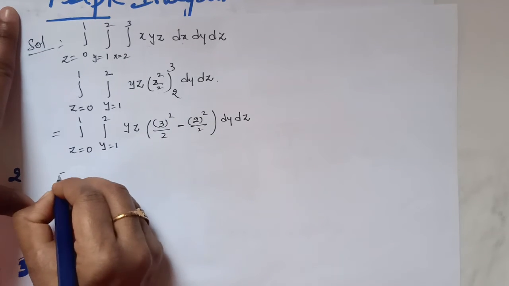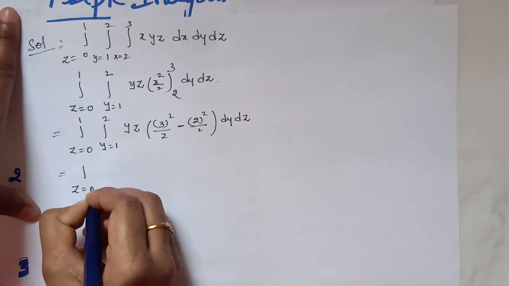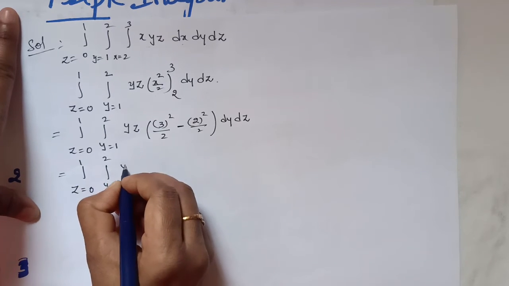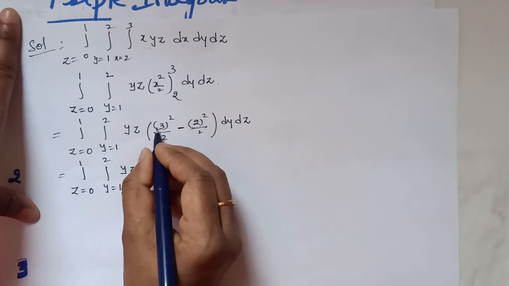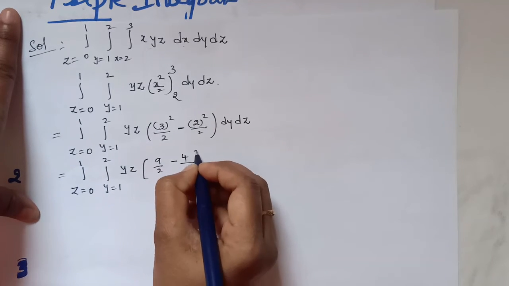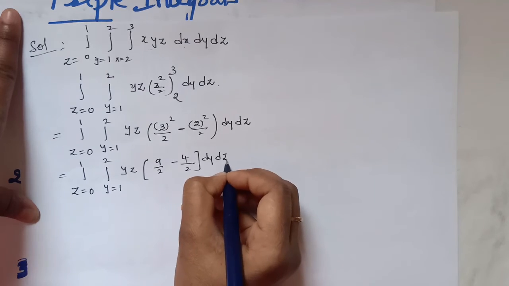So this is equal to integral z is equal to 0 to 1, integral y is equal to 1 to 2, yz into 9 by 2 minus 4 by 2 into dy dz.